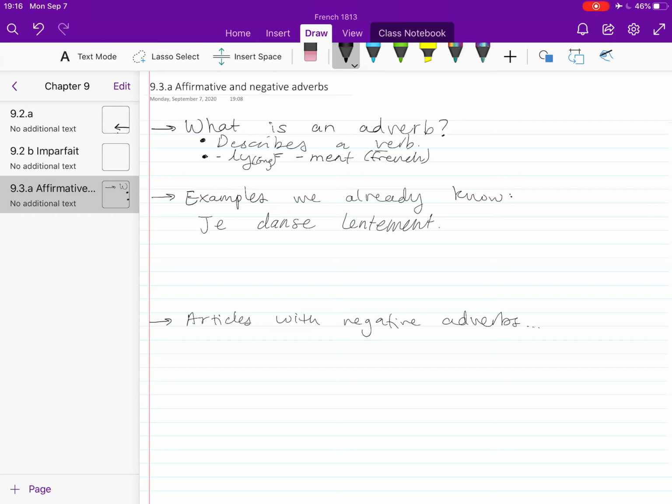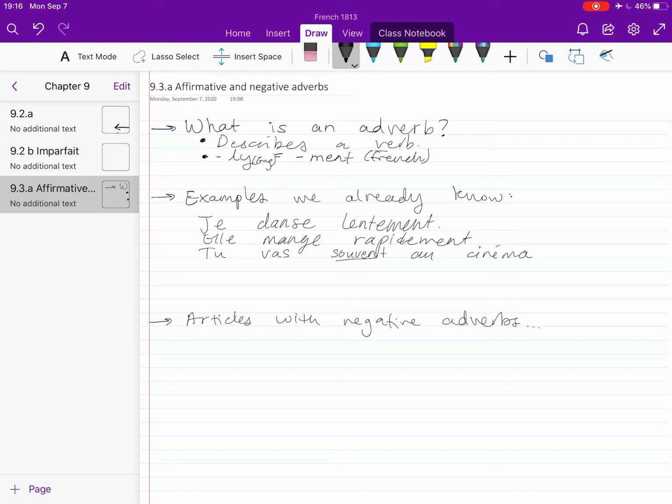Okay, or elle mange rapidement. Or tu vas souvent. So here's an irregular, right? It doesn't have that ment there. Souvent au cinéma. You often go to the cinema.